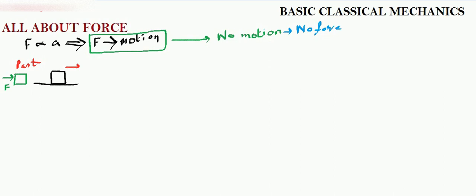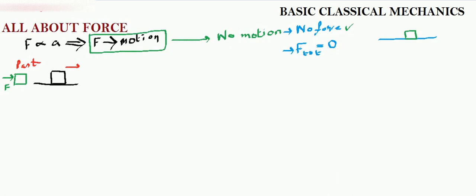If you have an object lying on the floor, consider this is the floor, and the object is not moving, it means one direct thing is there is no force at all. Agreed? And another thing that can also cause no motion is that the total force is zero.